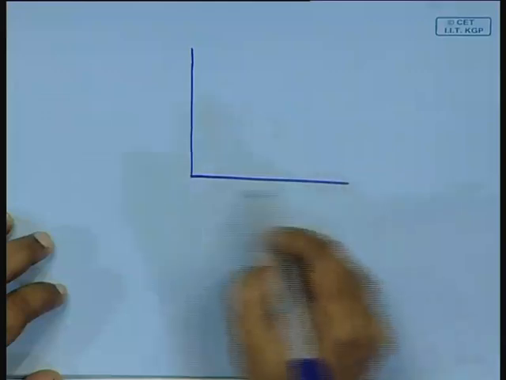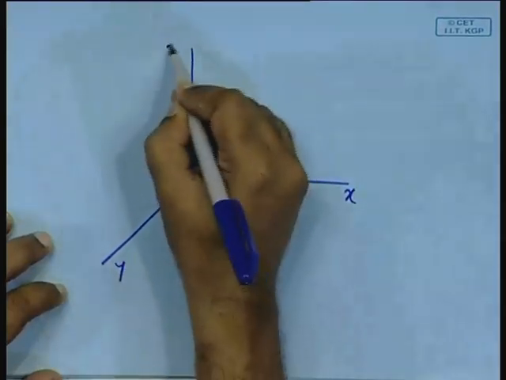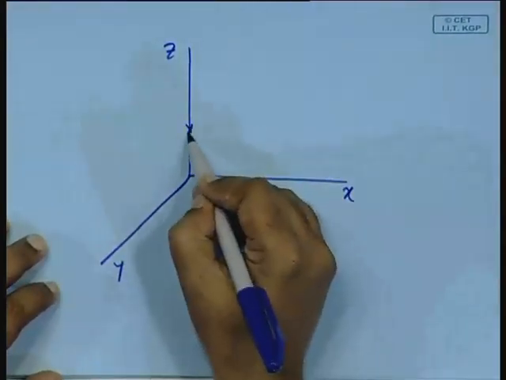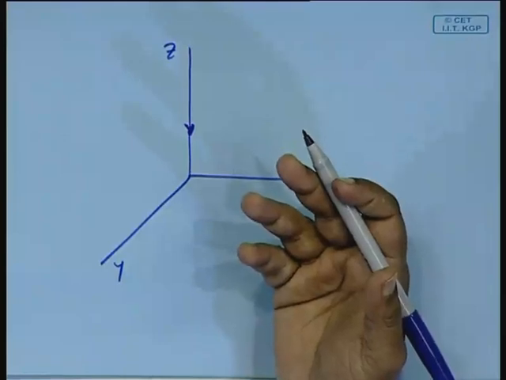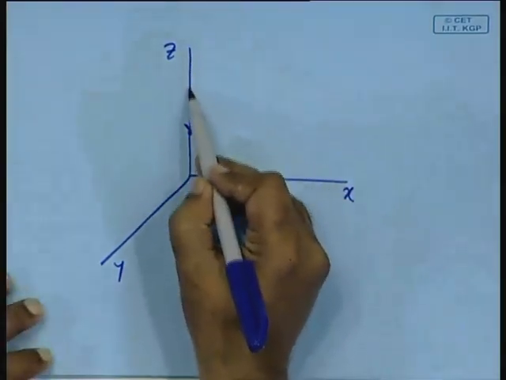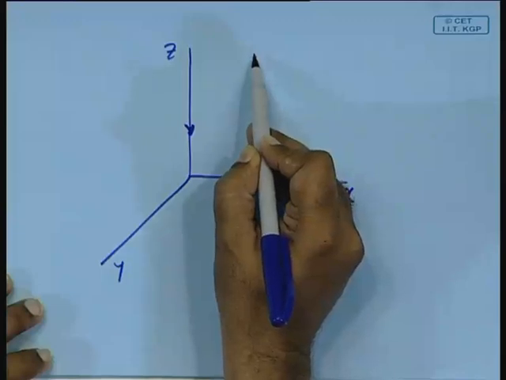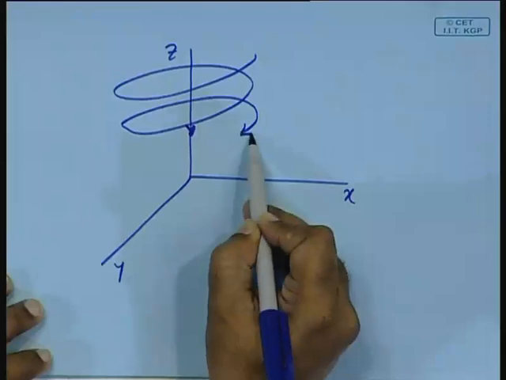So, in this case the behavior will be something like this. Say it was x, y, z. In the z direction, it happened to be contractive like this. That just happens to be one of the eigen directions. So, if you start from here, it will just converge here, but if you start from here, it will go like this.